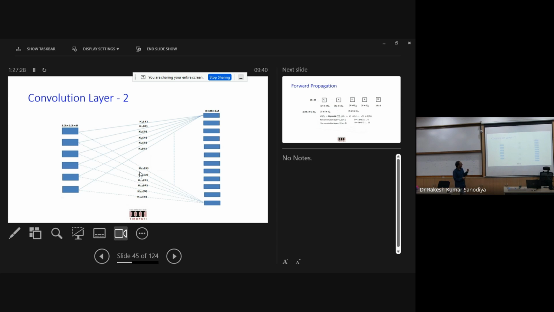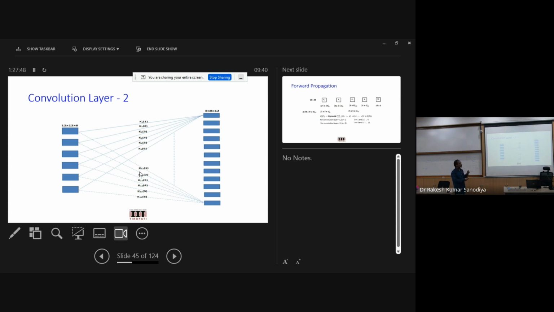And one more thing you should know is, if you want to generate from 6 maps another set of 12 maps here, how do I do it? As we mentioned, this is already 12 cross 12 cross 6, so it is actually in 3 dimensions. I want to get one map here, like that 12 maps.